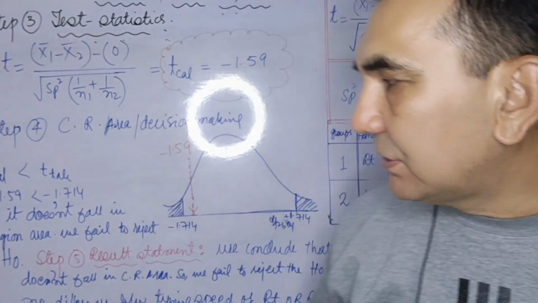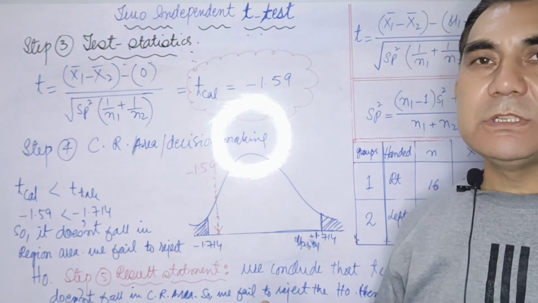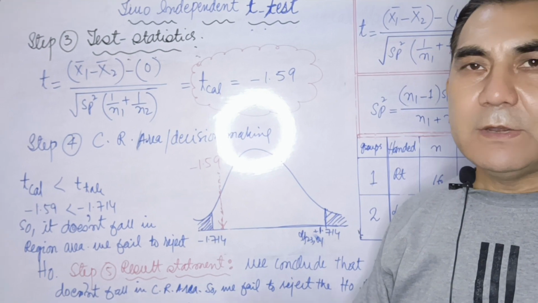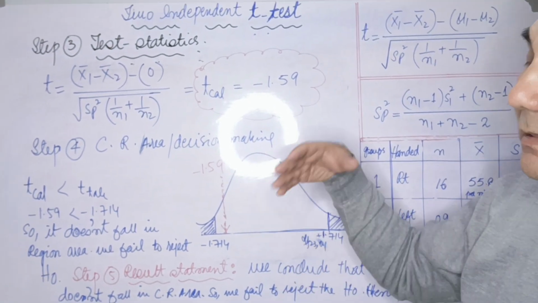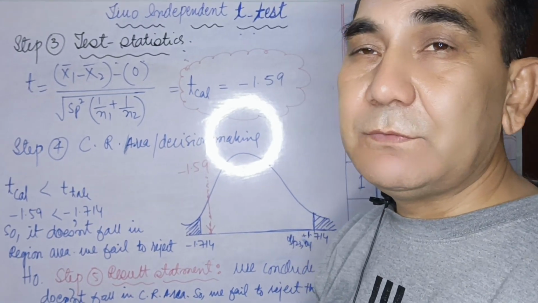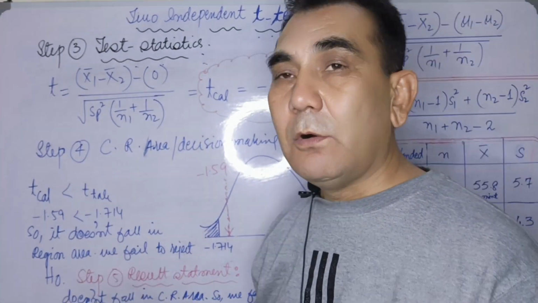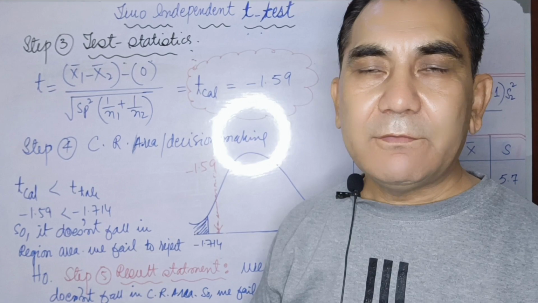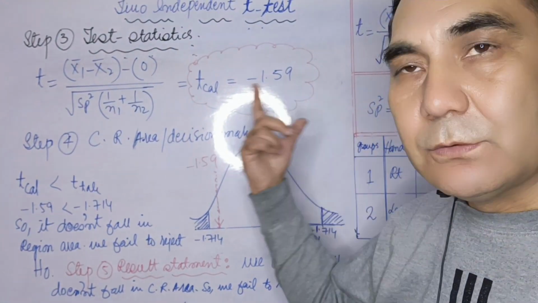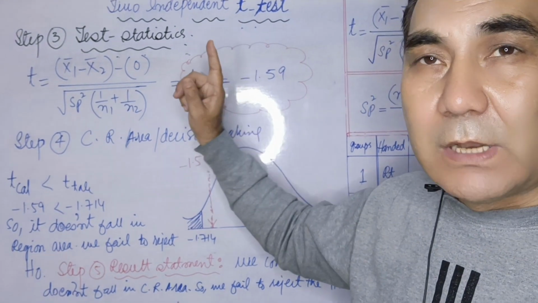In the null hypothesis, we made the hypothesis that there is no difference in the typing speed of the left-handed and right-handed. In the alternate hypothesis, we say that the means of the left-handed and right-handed are different, but we said there is no difference in the null hypothesis.